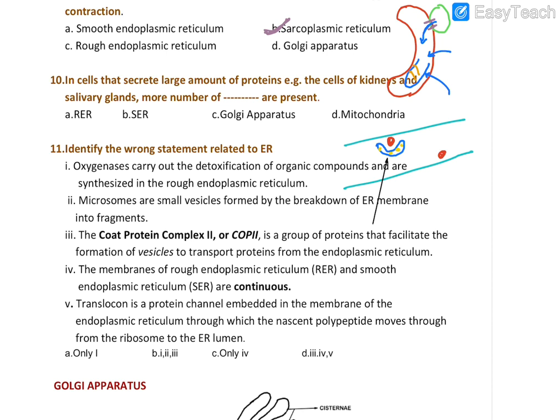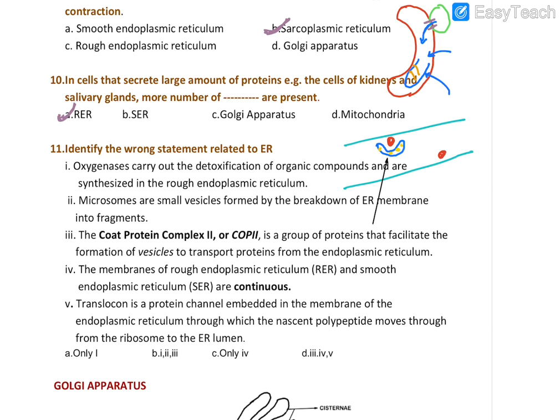That means they have more ribosomes attached to the endoplasmic reticulum. Such endoplasmic reticulum we call rough endoplasmic reticulum. So in kidney cells as well as salivary glands, you find more rough endoplasmic reticulum. Liver cells are involved in detoxification. That's why they have smooth endoplasmic reticulum.